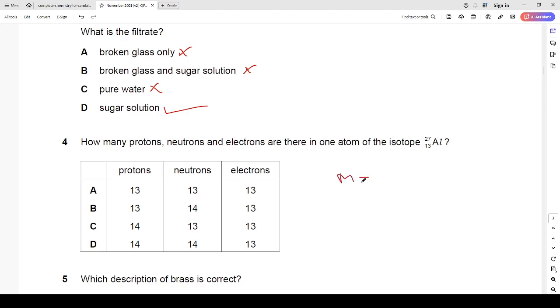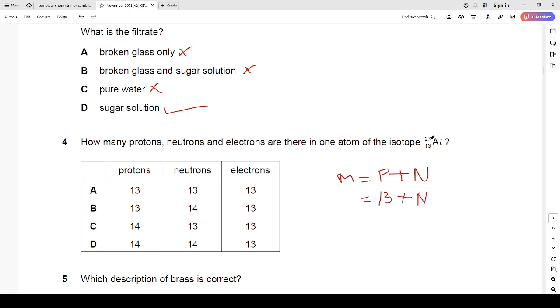The mass number is the summation of the proton number and the neutron number, right? Now, the proton number is also known as the atomic number, meaning that the proton number here is 13, while the neutron number is unknown.